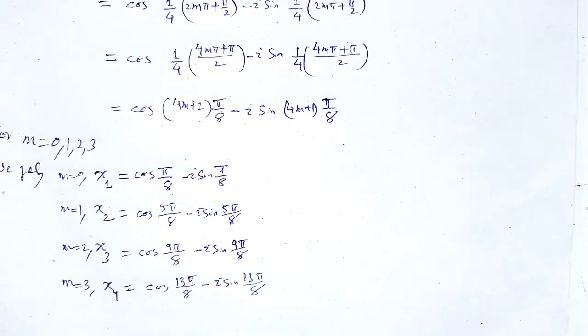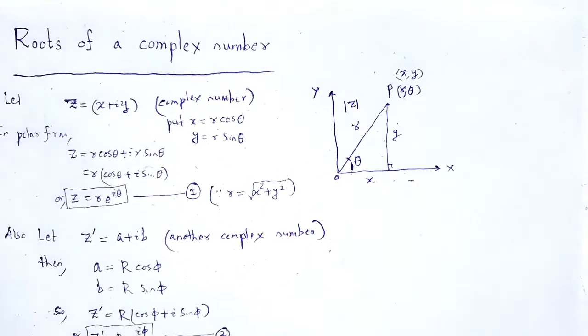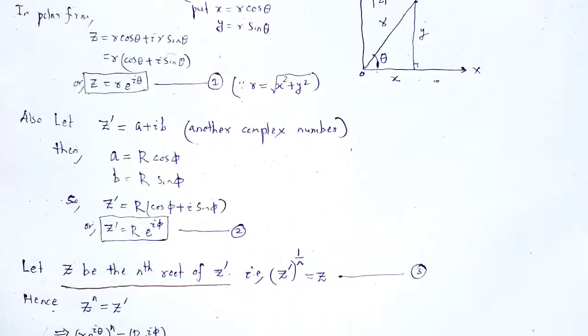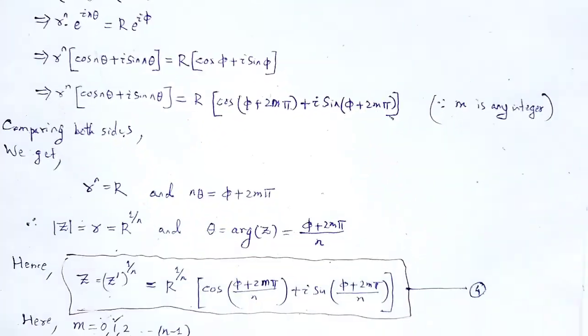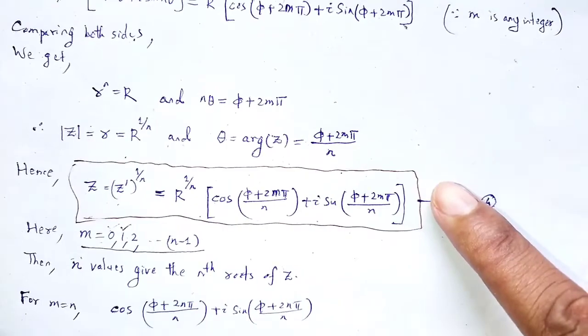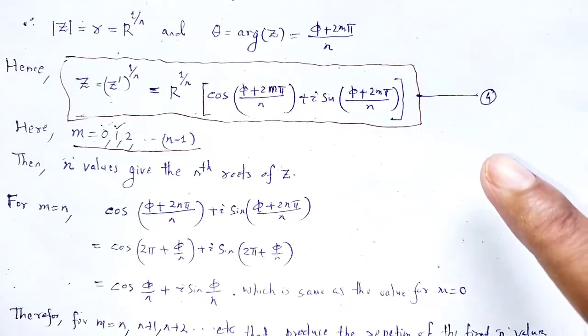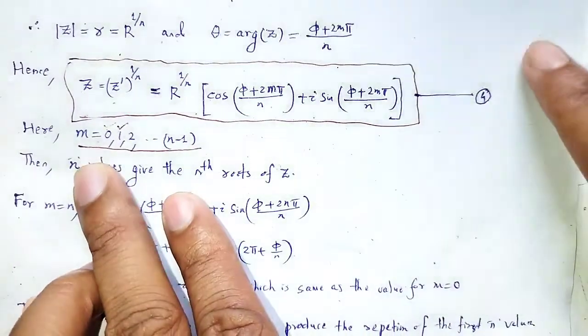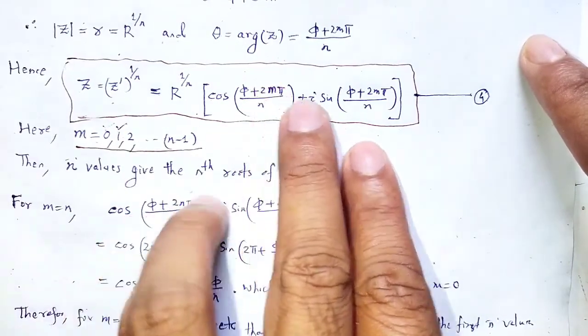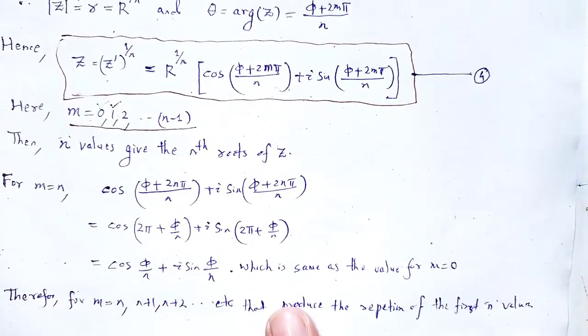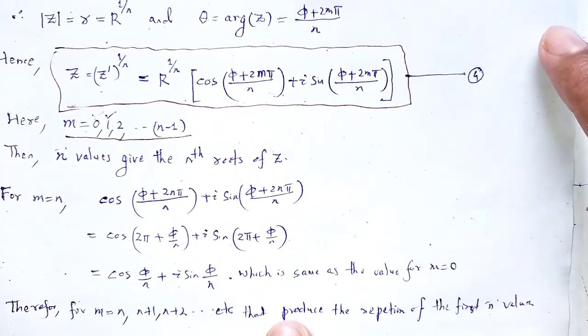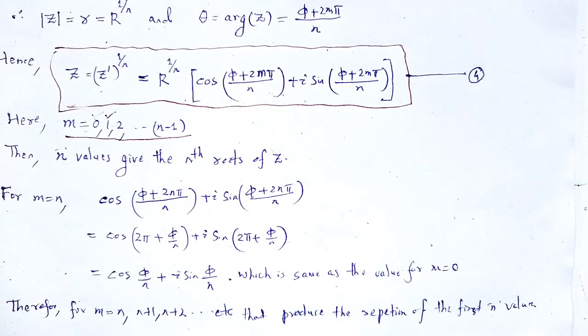So with the help of this video lecture, we understand the roots of a complex number. That formula is useful to derive the roots of a complex number. Accordingly, the values of m are put in to derive as many roots as are required by the particular question.